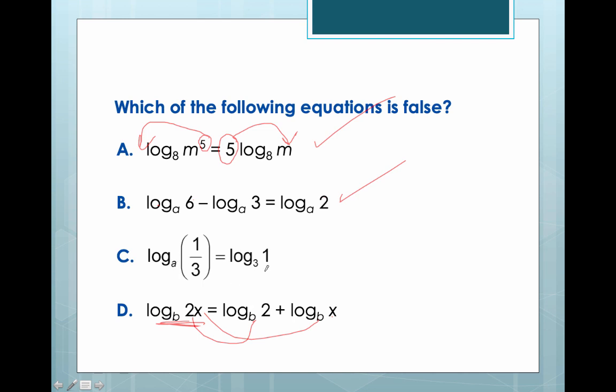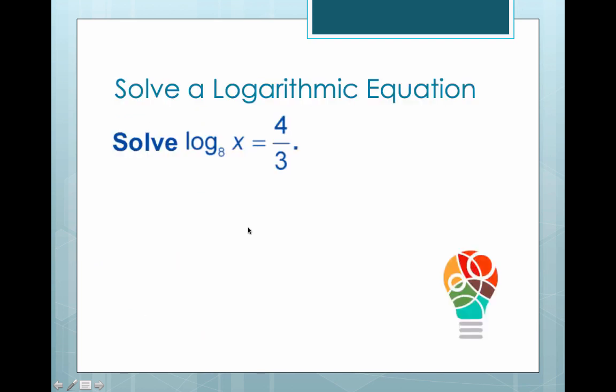And this one they changed the base, but this isn't the proper change of base formula. So I don't think that one's going to work because they just selected, this would be log base a of 1 over log base a of 3. It doesn't work, so that one's no good.